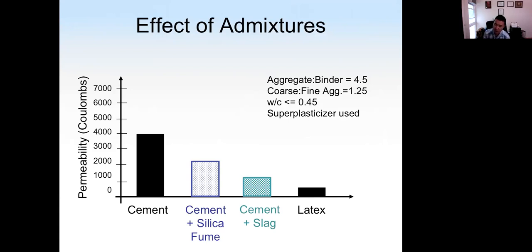Slag has even more effect, okay, because slag not only has pozzolanic properties, but also hydraulic properties. Latex, okay, we'll talk about latex modified concrete in future lectures, but latex can greatly reduce the permeability of concrete.